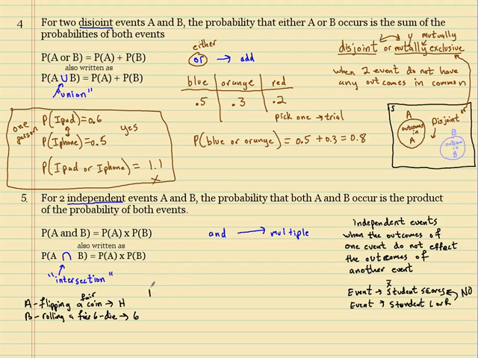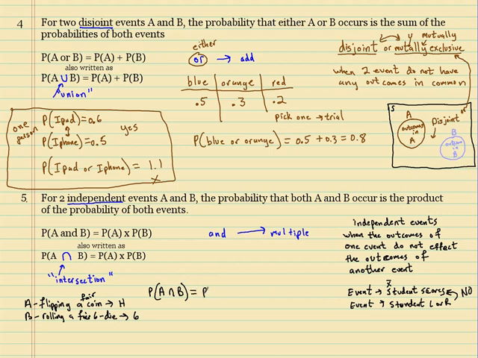Okay, so I'm going to say what's the probability of A happening and B happening. So let's say I flip a coin and roll a die at the same time. Okay, that's essentially the same thing. If I flip a coin and roll a die, what's the probability that I look down and the coin says heads and the die says 6?